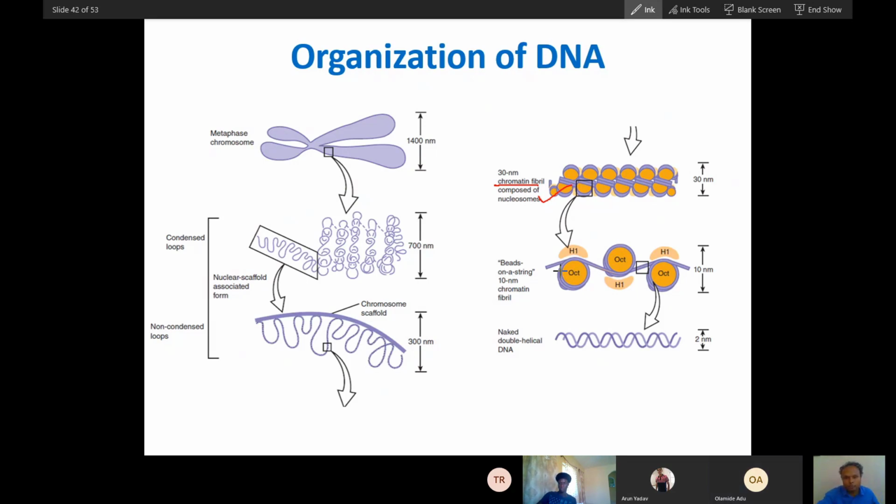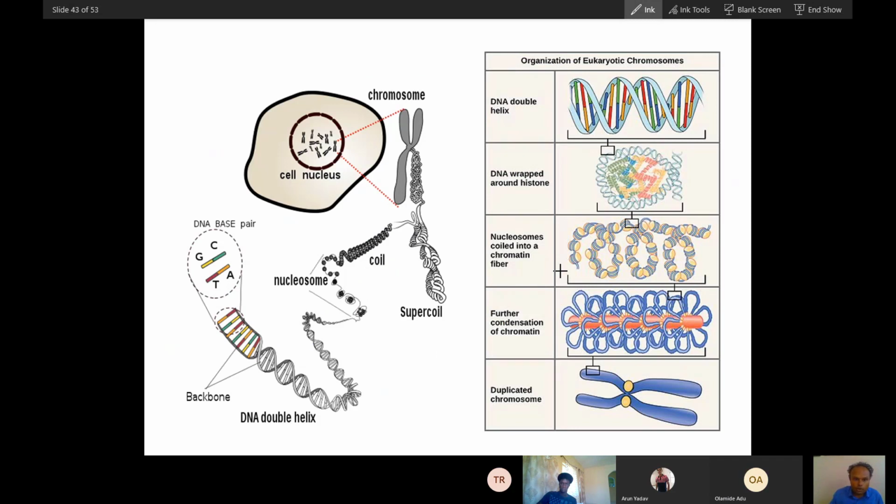So let's see this. What is this bead? You can see it from this. This is DNA. DNA is folded like this on this bead string, and then the bead string will recoil again. There will be more recoiling, and this recoiling will form this chromatid. And this chromosome is actually seen during metaphase.